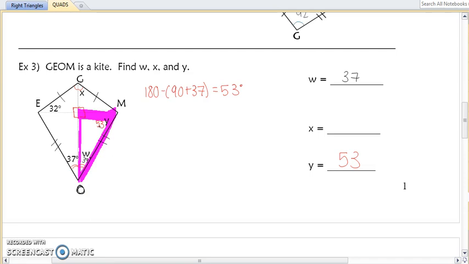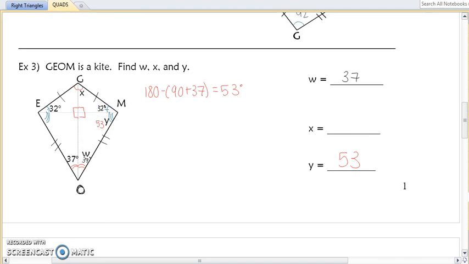Okay. We also know in a kite that while these non-vertex angles are not bisected, this top angle is congruent to this top angle. We know the bottom angle is congruent to this bottom angle. So therefore, we can also copy that this measure would be 32 degrees.